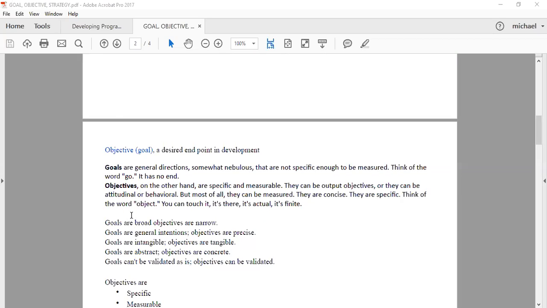For example, our goal is to provide, hold on one second while I think about this, because it has to be consistent with your strategies. One goal could be to provide after school programs. We don't have that down exactly, but that could be a possibility.